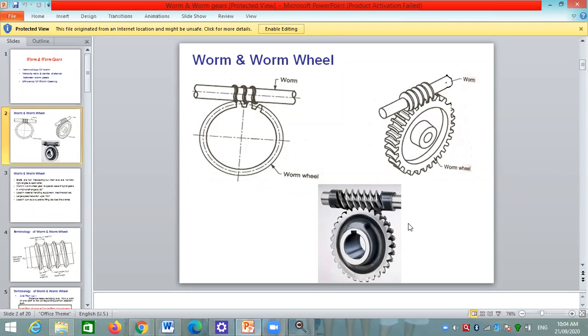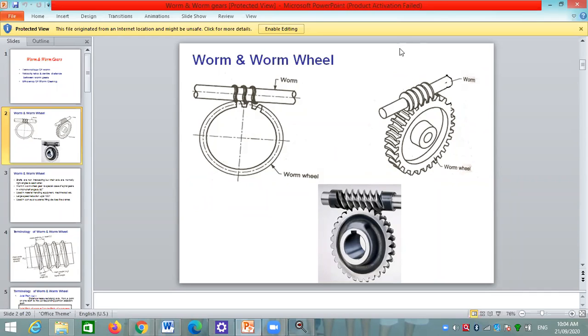Means the hands of the gear are the same here, and this type of gear is used for a very large reduction ratio. When we require to reduce the speed, then such type of gear is used.